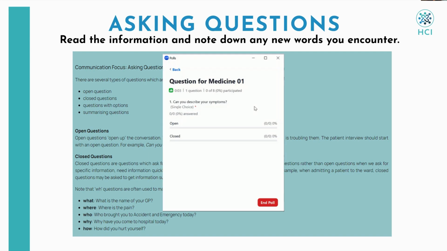Okay, so the question for medicine, can you say it right now? Yes, great. So we have an example question. Our question is, can you describe your symptoms? So please vote in the poll. Do you think this is an open question, asking for a lot of information, or a closed question, asking for specific information?